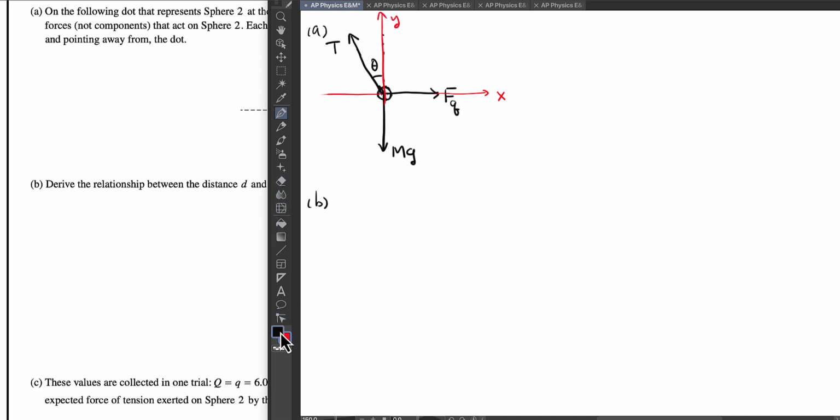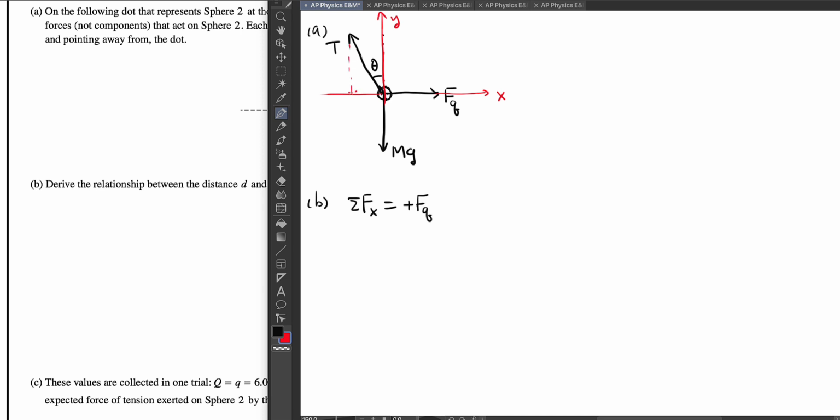The net force sigma Fx, the net force in the x direction, is given by two forces along this direction. Fq is positive to the right, so in the same direction as positive x. Now in the left direction, there's a tension force component.